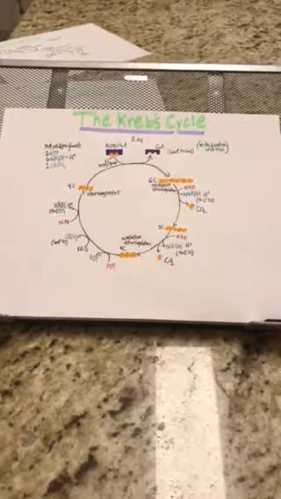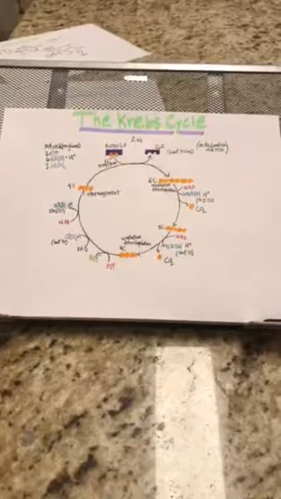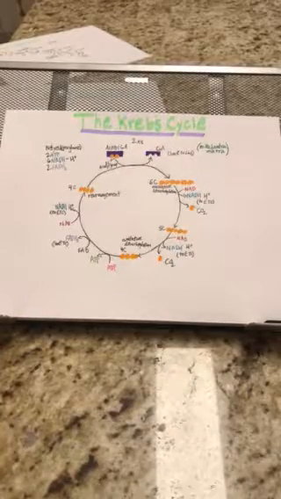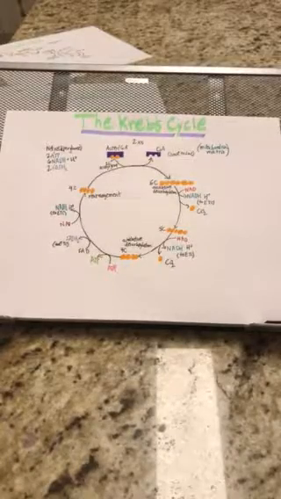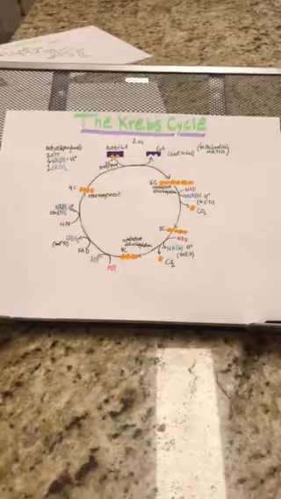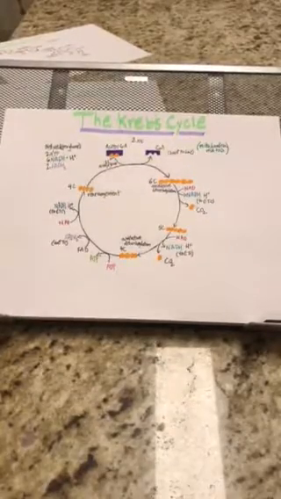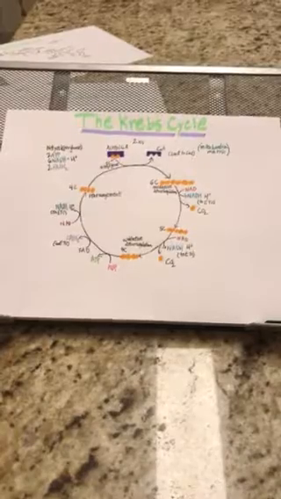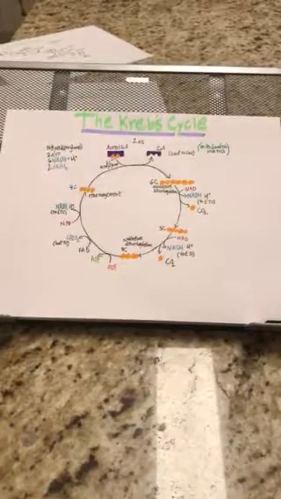This 4-carbon molecule goes through rearrangement as ADP becomes ATP. FAD, which like NAD is an electron carrier, becomes FADH2, and NAD becomes NADH. FADH2 and NADH go to the electron transport chain following the 4-carbon molecule's rearrangement.